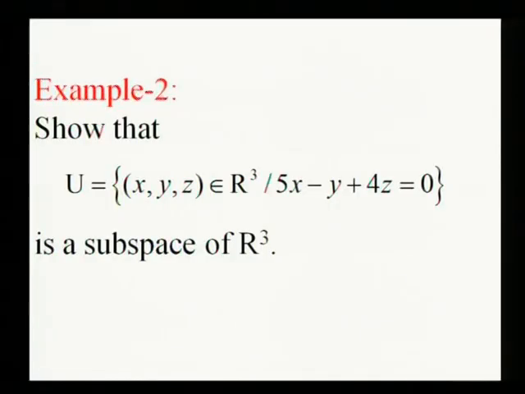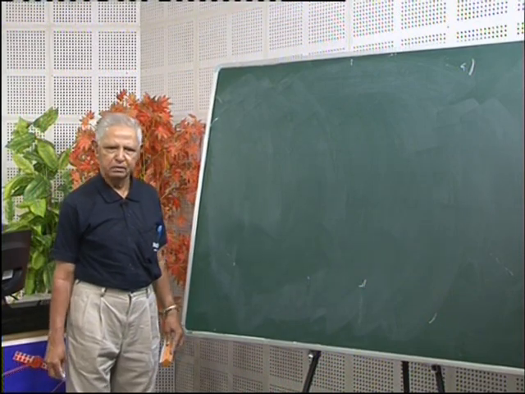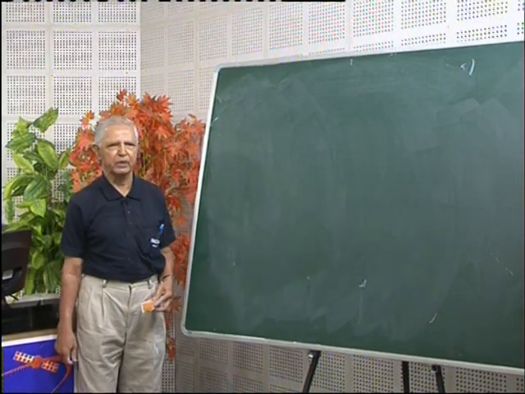Next example, yes, one more before I start with the next example, let us see what is the geometric meaning of this example. Let us go to the first example, please.